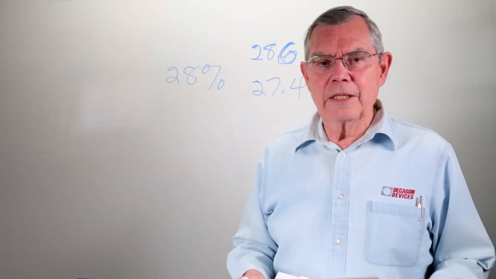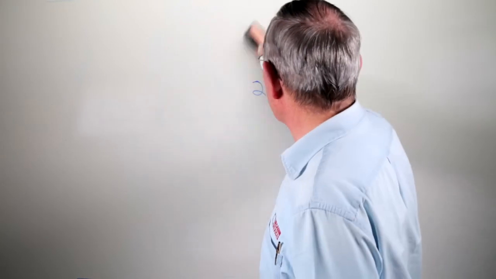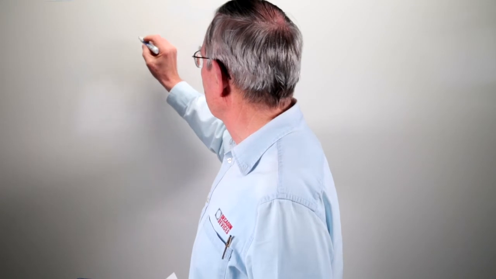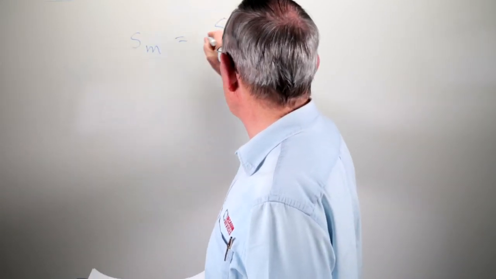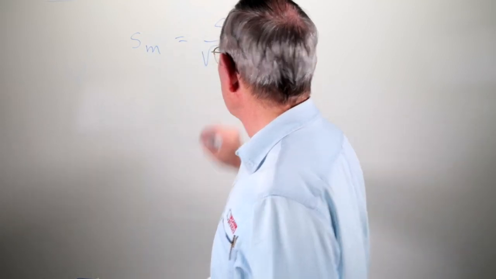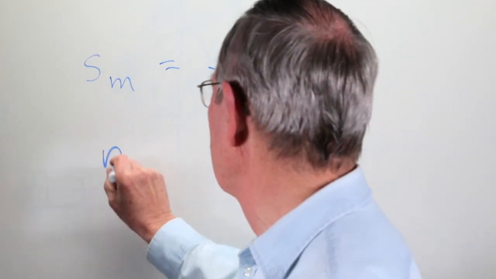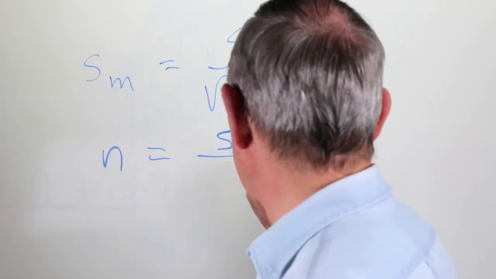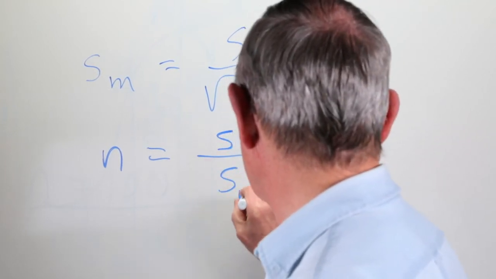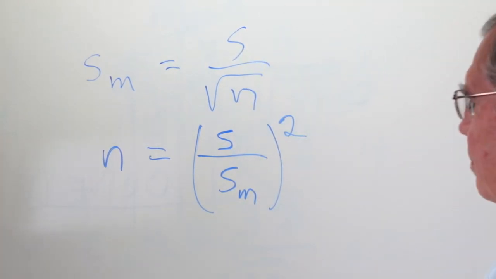So we're getting closer then to our quest of determining the number of samples that we need to take. We start out with that equation that we just had, that the standard deviation of the mean is equal to the standard deviation divided by the square root of the number of samples. We can rearrange that to say that the number of samples that we need is equal to the standard deviation divided by the standard deviation of the mean, and that value squared.